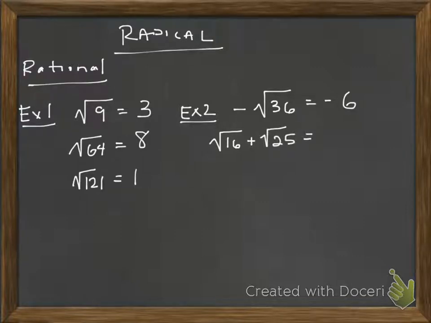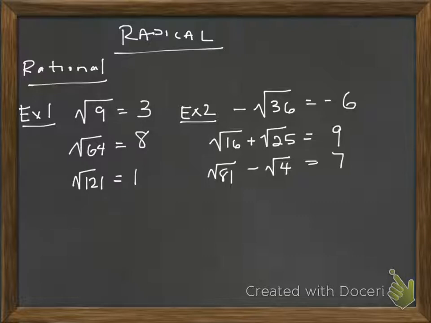And what do you get? 9. 4 plus 5, right? Equals 9. You can go even further. Say the square root of 81 minus the square root of 4. And you get what? 7. 9 minus 2 is 7.